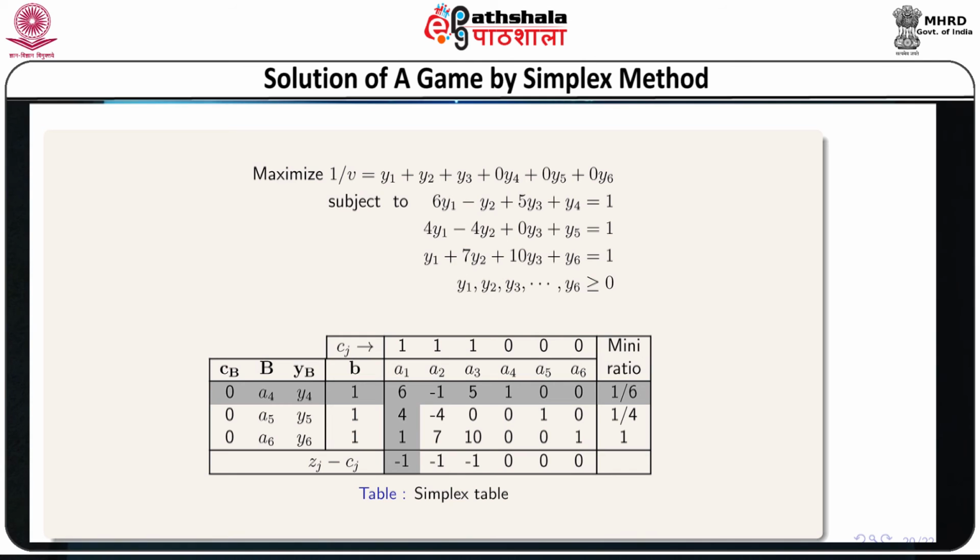From the values of zj minus cj, we see that the optimality condition is not satisfied, since some values of zj minus cj are negative.